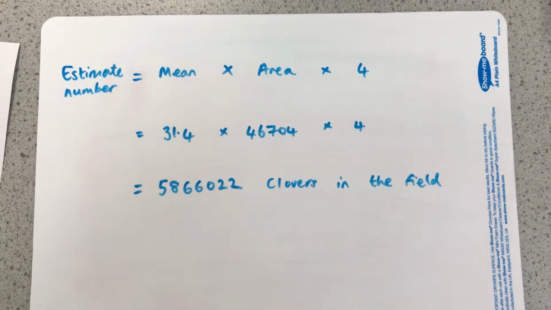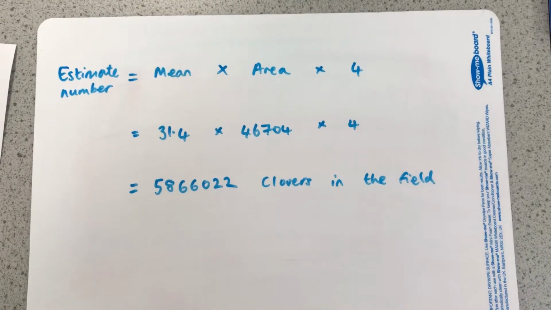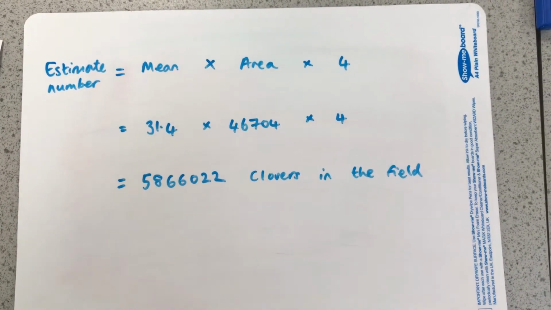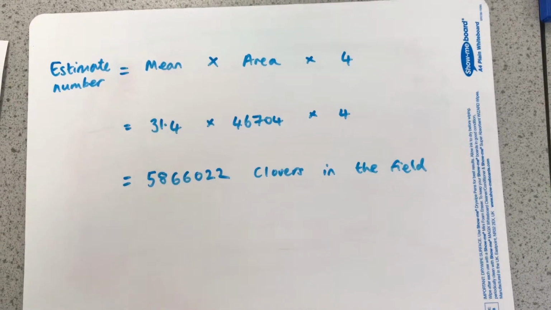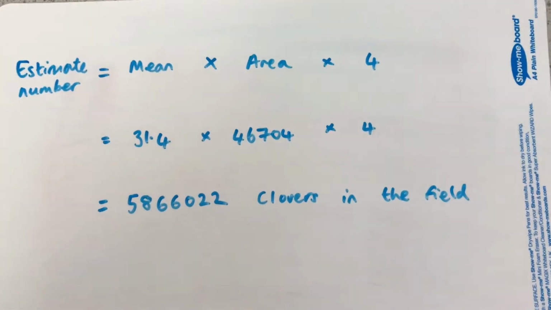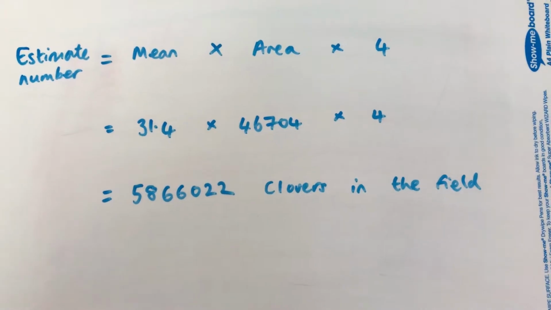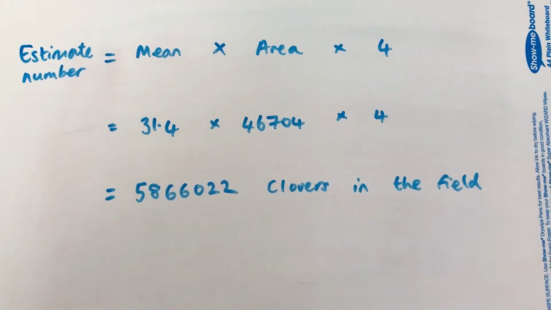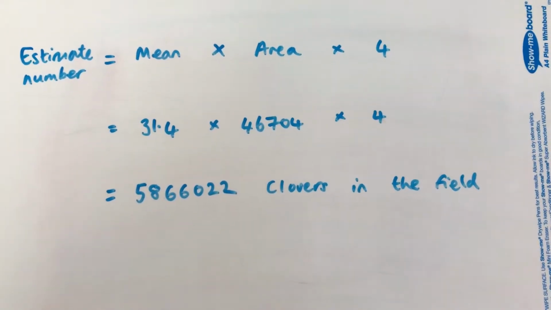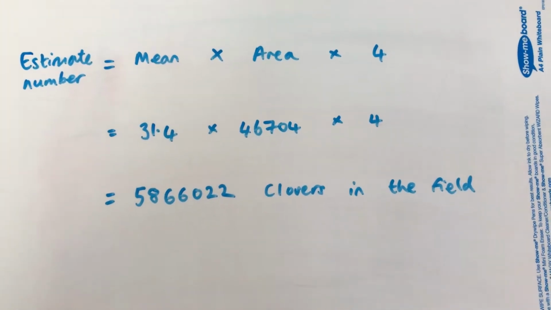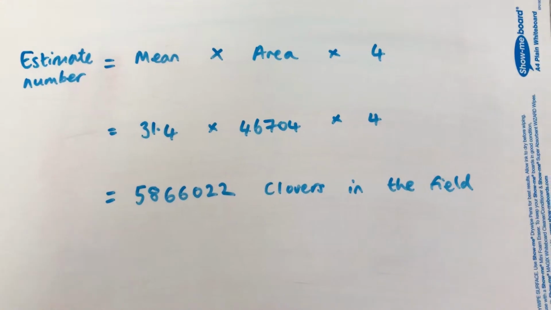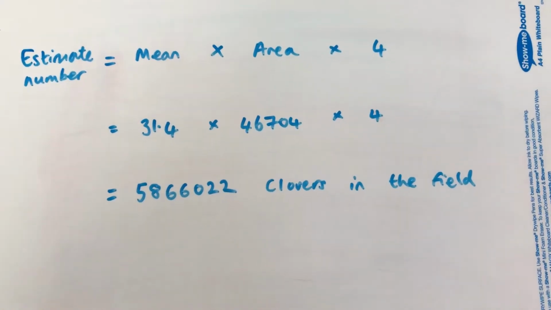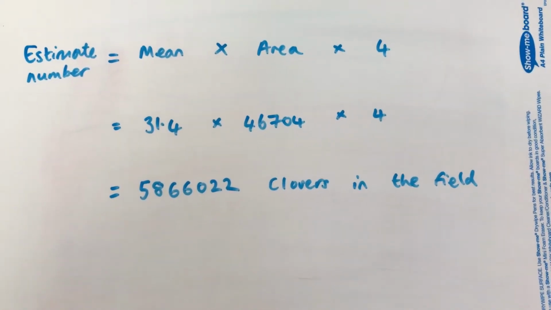The estimated number is the mean multiplied by the area of the field. Now I have to multiply by 4 as well, and if this was an exam question, you'd have to be careful with this, because if your quadrat is 1 metre squared, then you won't need to multiply by 4. But because my quadrat is effectively only 1/4 metre squared, I can fit 4 of my quadrat into 1 metre squared, so I've had to multiply it by 4 for that to work with the area.